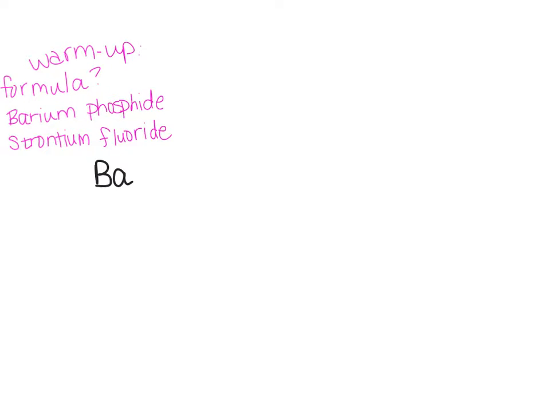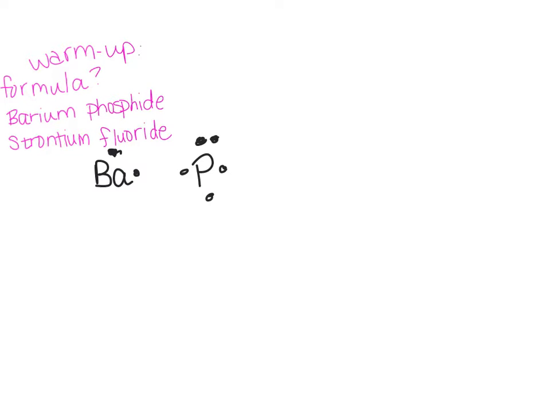We look at our periodic table and figure out it's in group 2. So how many valence electrons does barium get? 2. So you should have had 2 dots on it. And then we had phosphorus right next to it. Phosphorus is in group 15, so 5 valence electrons. So 1, 2, 3, 4, 5.